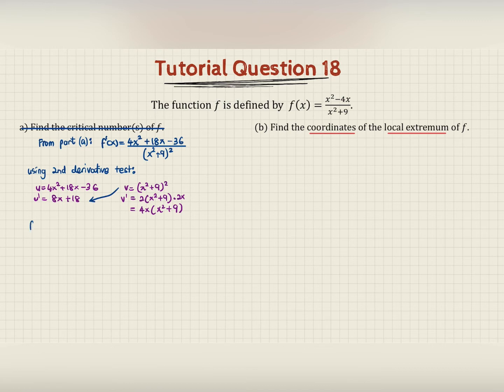So f double prime x will be equals to x squared plus 9 squared multiplied by 8x plus 18 minus uv prime. So 4x squared plus 18x minus 36 multiplied by 4x times x squared plus 9 over v squared.